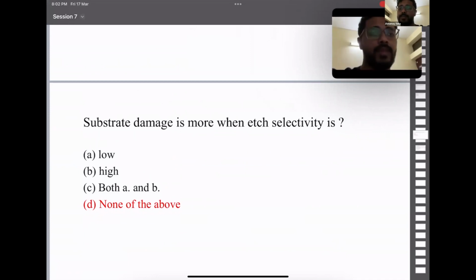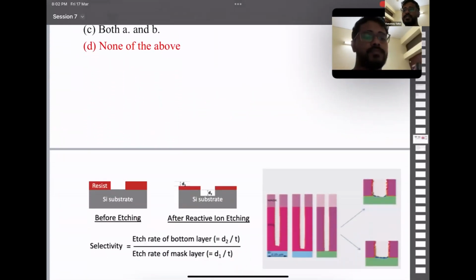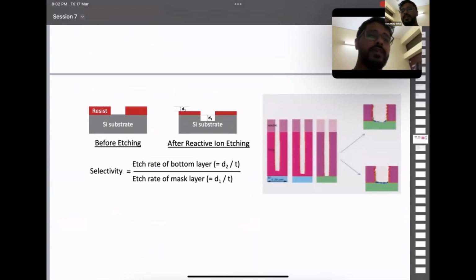Okay, so how do you define etch selectivity? Etch selectivity defines how much area is over etched when you do the etching, compared to your actual requirement of etching.